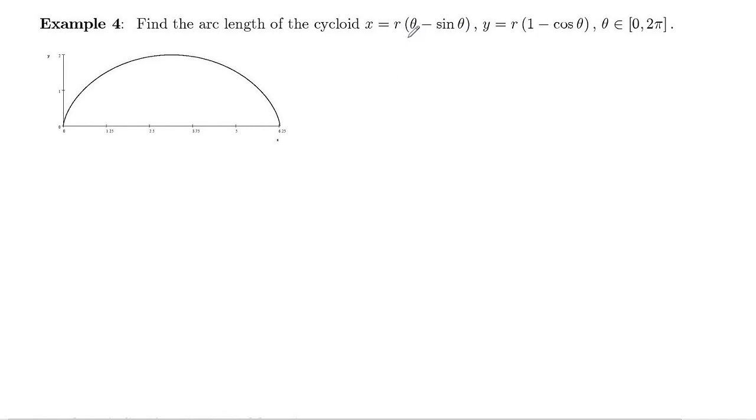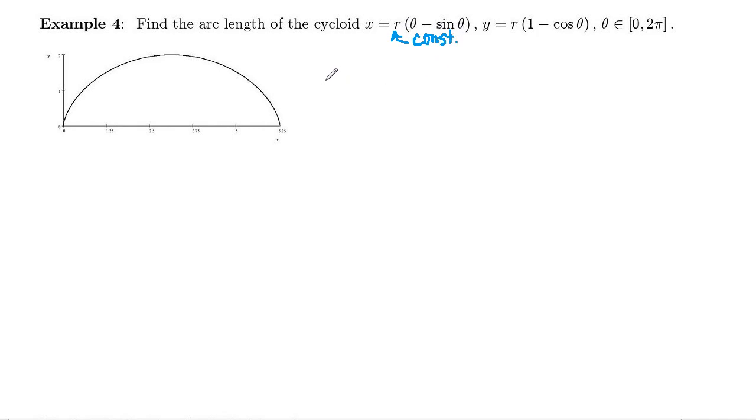We would like to simplify things here and consider that we've got a constant radius. If we've got a fixed radius, then theta is just going to be our parameter, so it'll be things in terms of theta, not in terms of r and theta. So this r is a constant, so just treat that like a number.